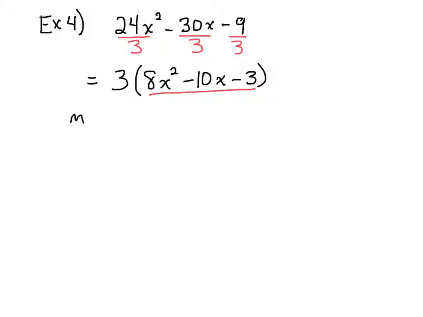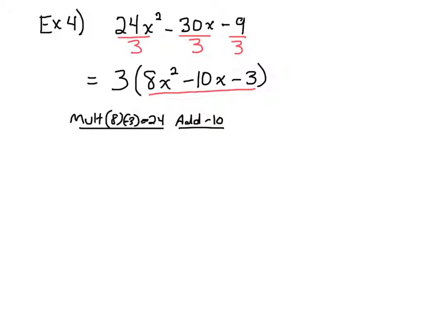So we need two numbers that multiply to 8 times 3, which is 24. And also those two integers have to add to negative 10. Oh, sorry, we have to multiply to 8 times negative 3, which gives us negative 24.